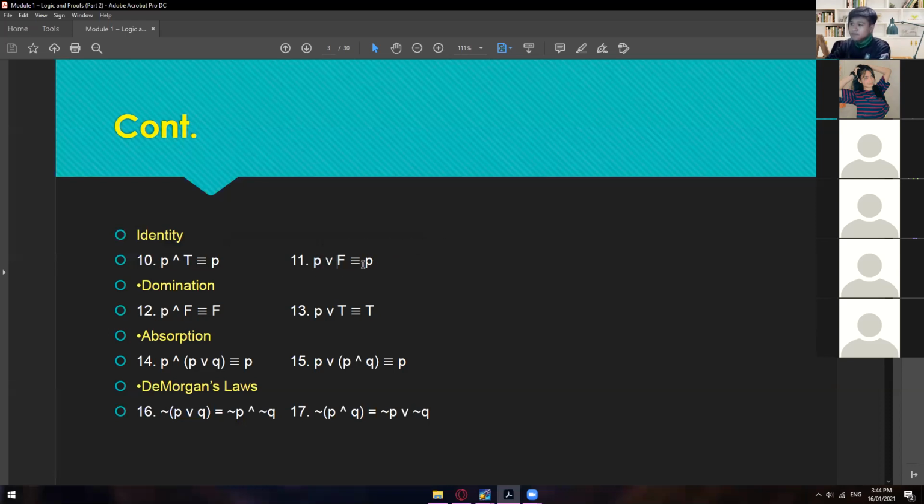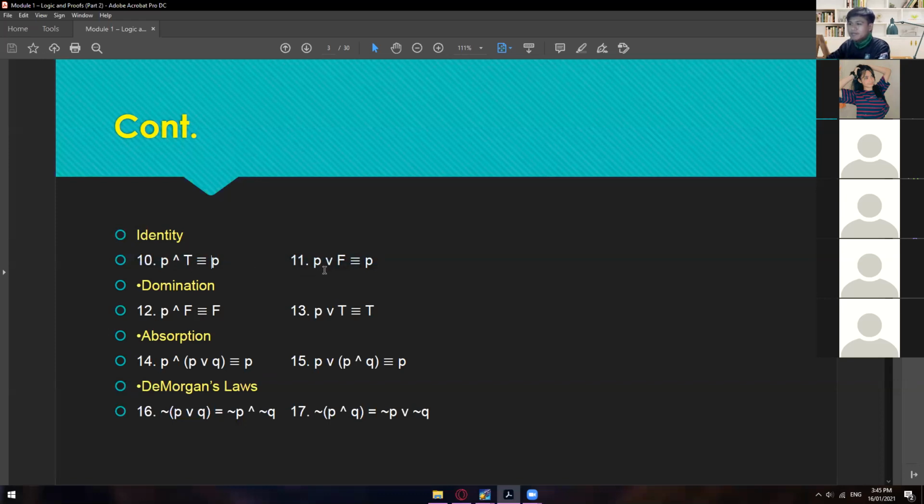Okay, so take note, this is only applicable for false in OR, and true in AND. If this one is P and then false, okay, that is a different setup, which is now the domination. Okay, so again, this one is only applicable for this kind of setup.